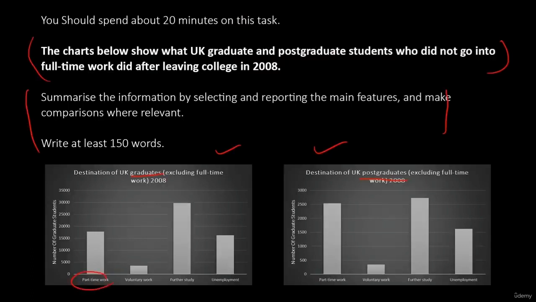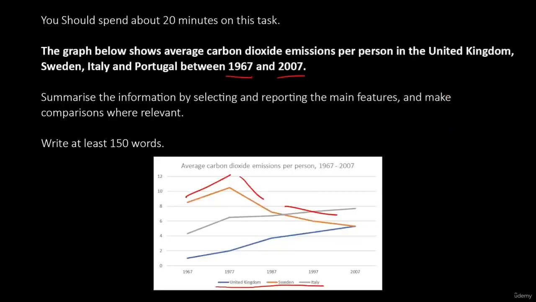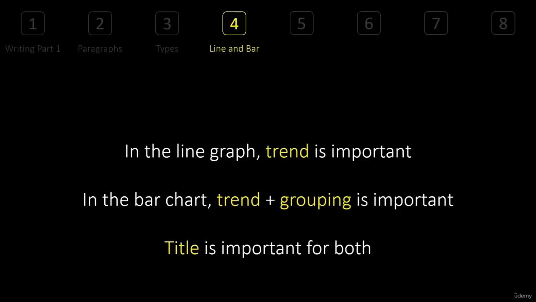Here we have part-time, voluntary work, further study and unemployment. We could create a group of these, or we could create 2 groups. Group 1 is graduate, group 2 is postgraduate, to form paragraphs. So in this case, grouping plus trend is important, that what is changing, what is increasing, what is decreasing, that is also important.